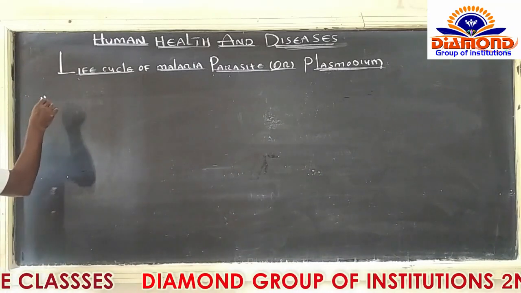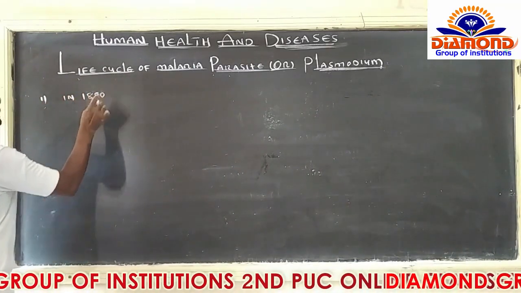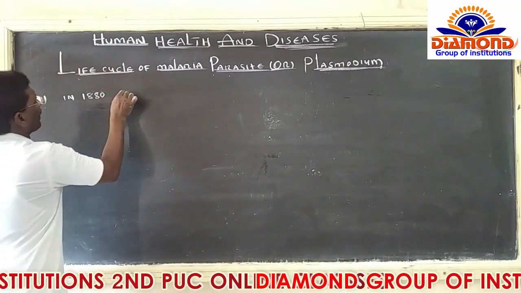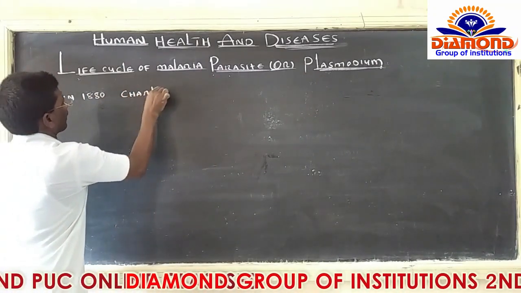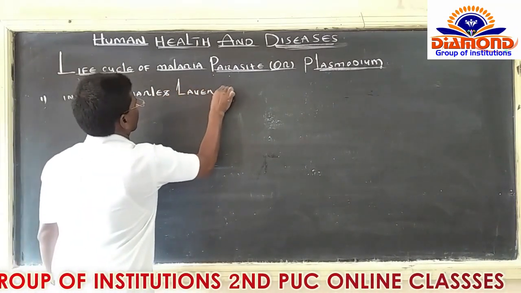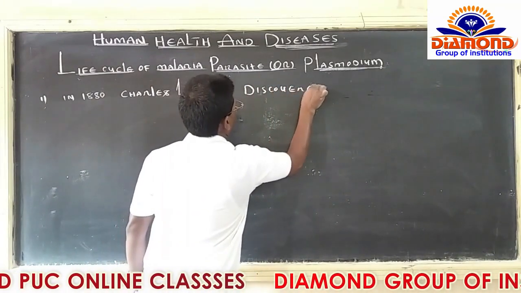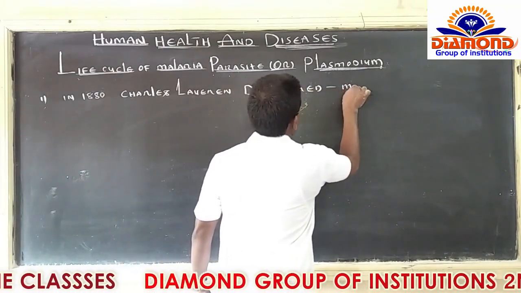The first one is, in 1818, Charles Lawrence discovered the malaria parasite.